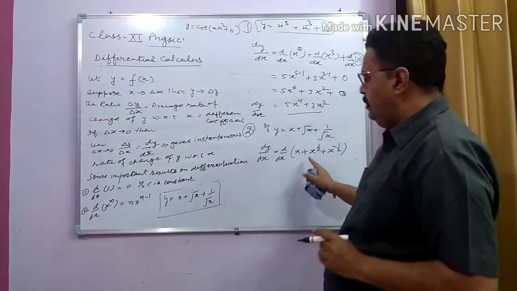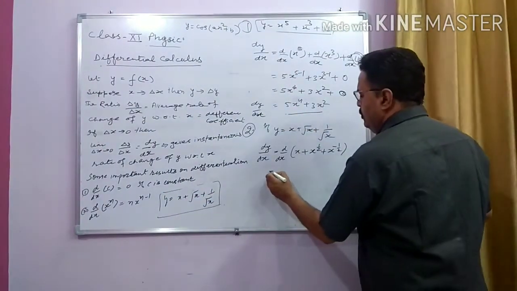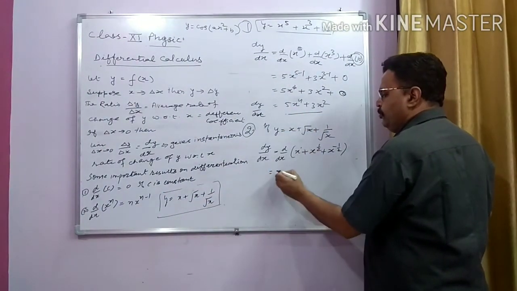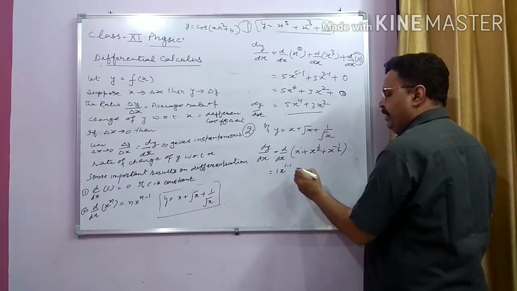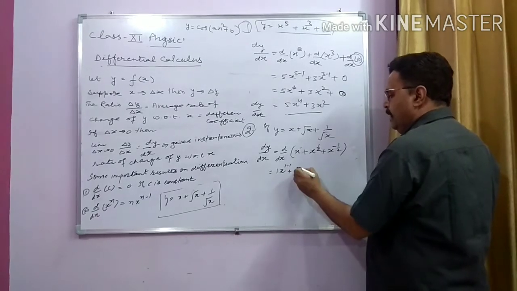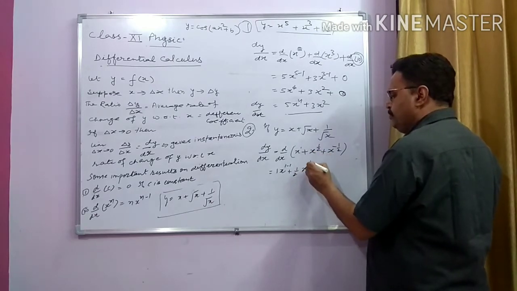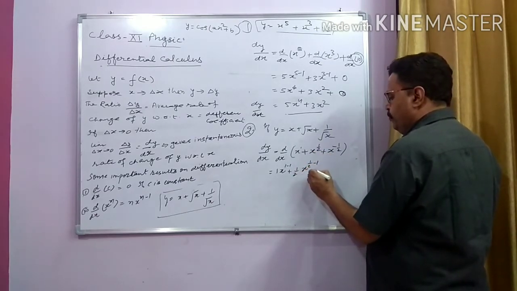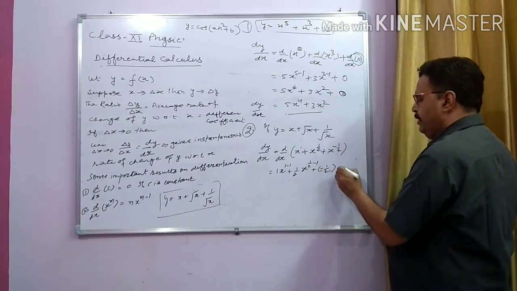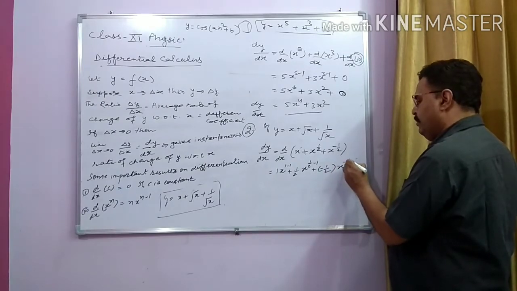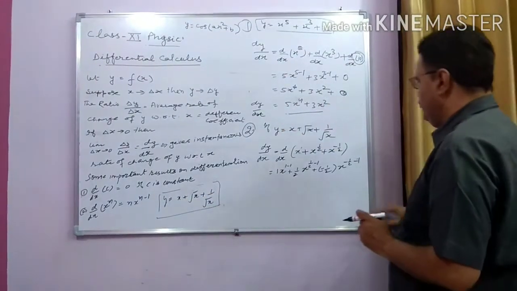Now we again apply this concept here. This is power 1, so we multiply by power 1, then reduce the power by 1, plus again multiply this power half to this x, then reduce the power by 1, plus multiply this power minus half and reduce the power by 1. Same expression, same concept we have used here.